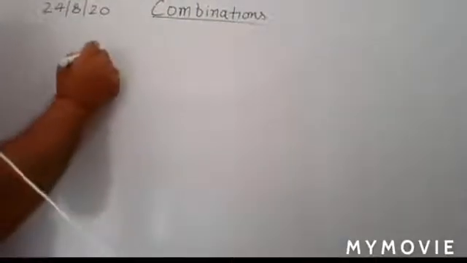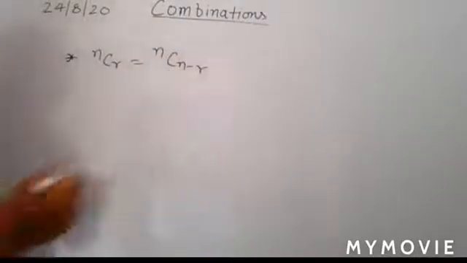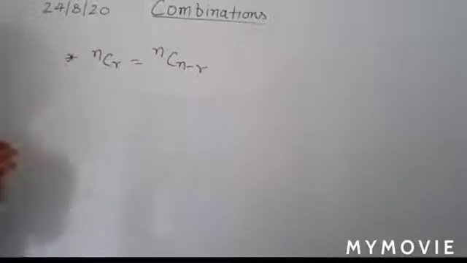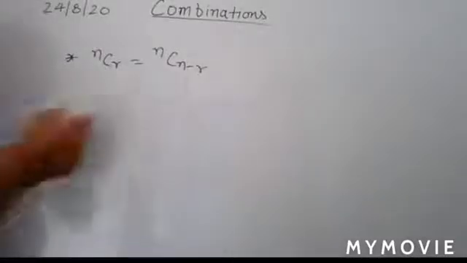So here you have one important result: nCr is equal to nC(n minus r). If you want to prove it, take its right side.